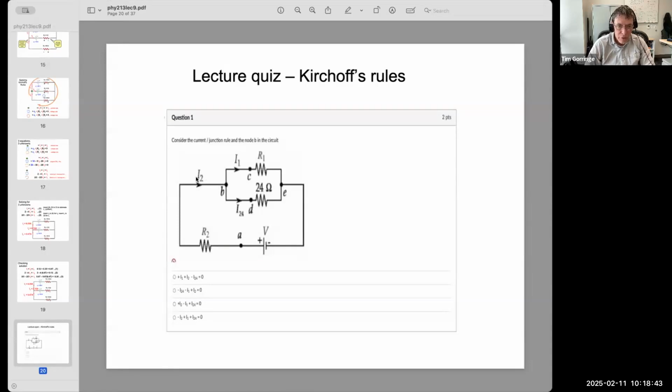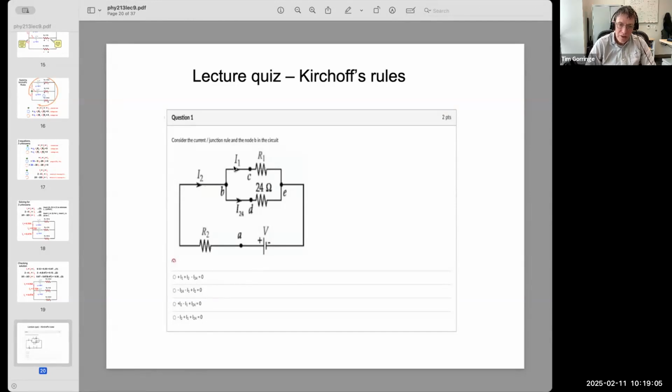Labeled is a current IT flowing in, and currents I1 and I24 flowing out. It's I1 because it flows through the resistor R1, and it's I24 because it flows through a 24-ohm resistor. That's a funny notation, but that's the notation in this figure that I stole.